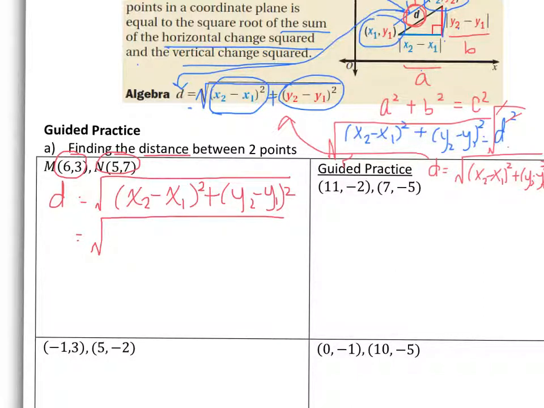So for the first one, 5 minus 6 squared.